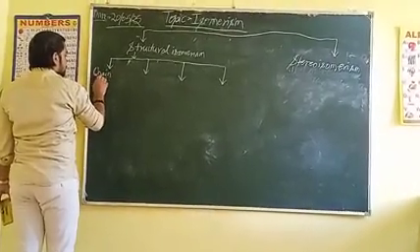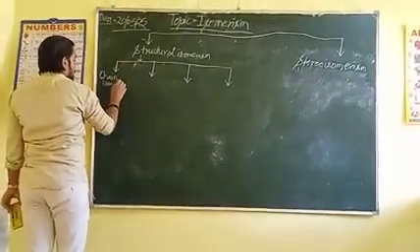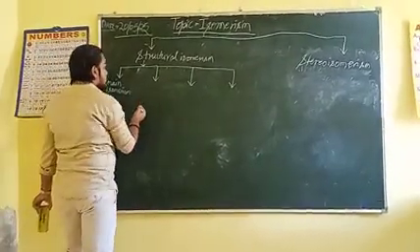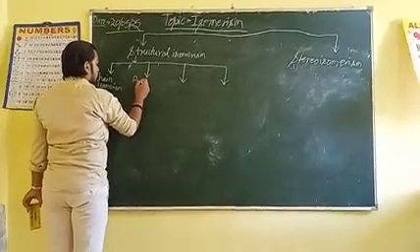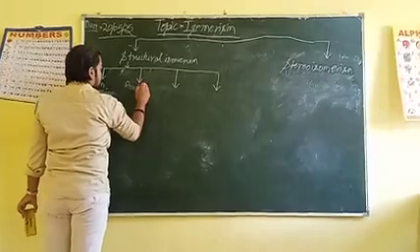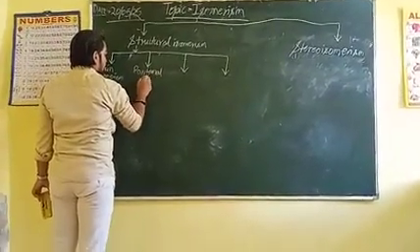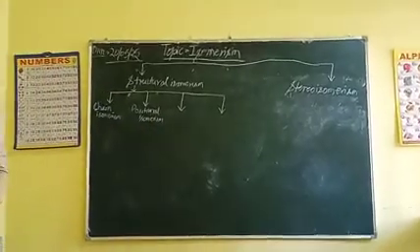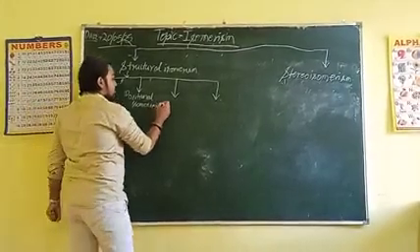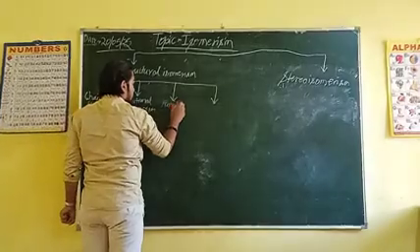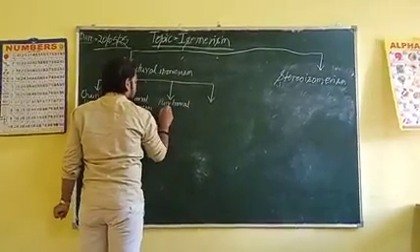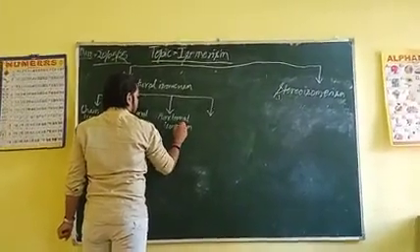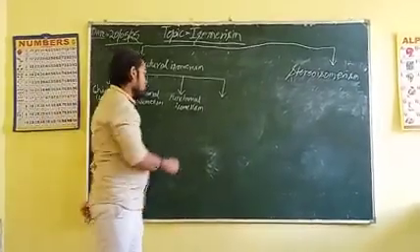First is chain isomerism, second is positional isomerism, and third is functional isomerism. And last one, fourth, is metamerism.